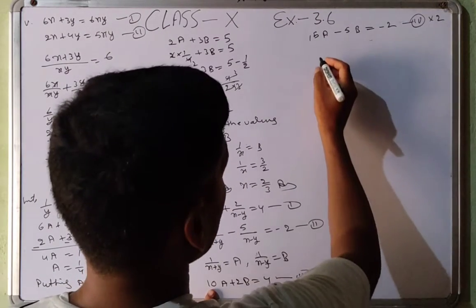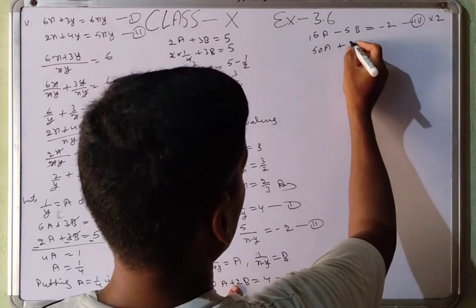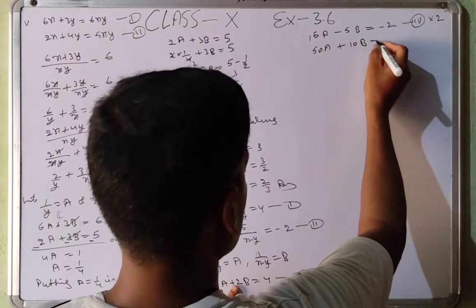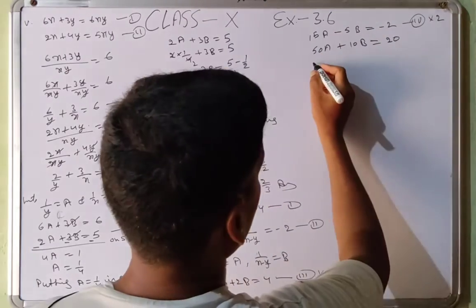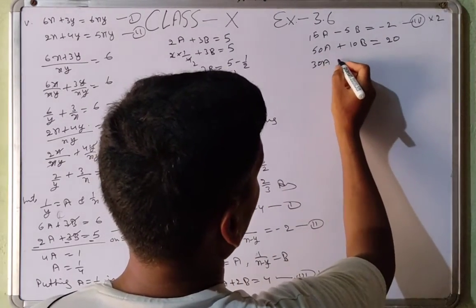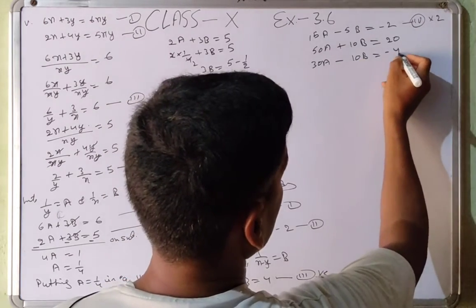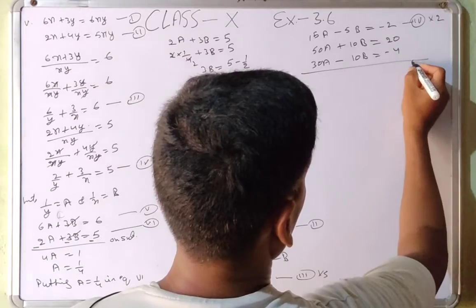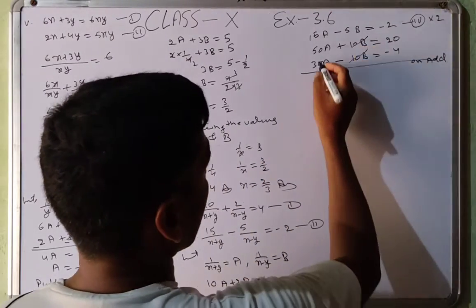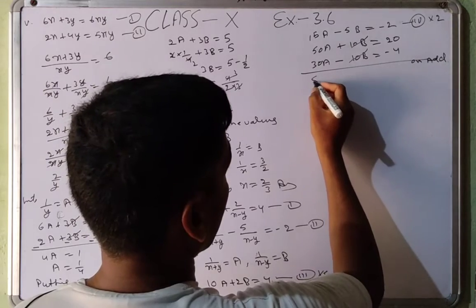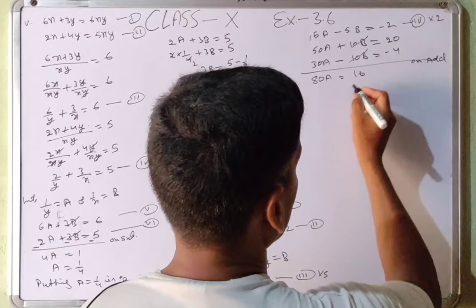So 5 tens are 50a plus 10b is equal to 5 fours are 20. And then 15 twos are 30a minus 10b is equal to minus 4, on add because already sign is changed. 50 plus 30, 80a is equal to that will be 16.